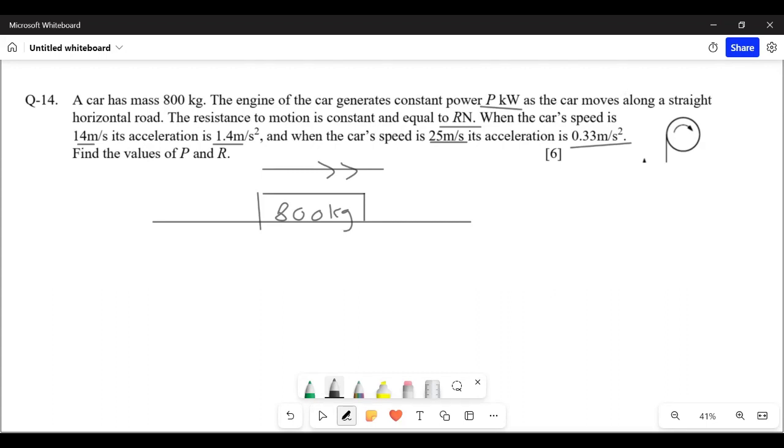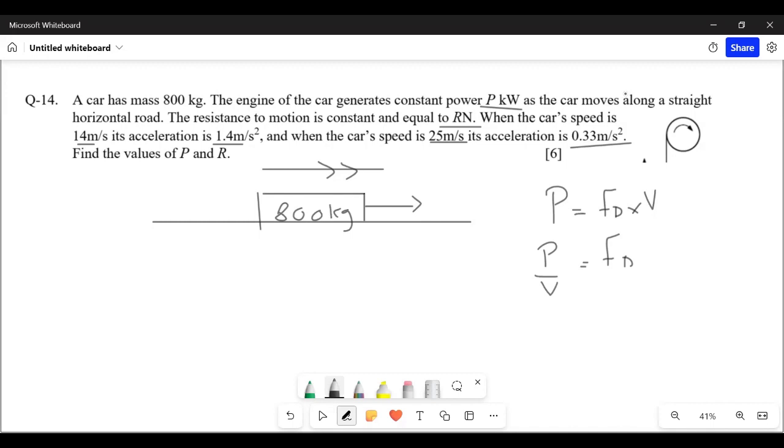So that means the forward force would be in terms of P, because the formula for power is driving force times speed. So the forward force, or the driving force, would be P upon V. Power over speed.